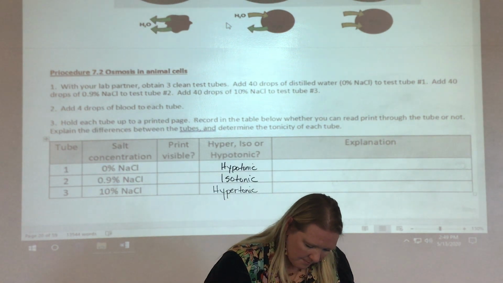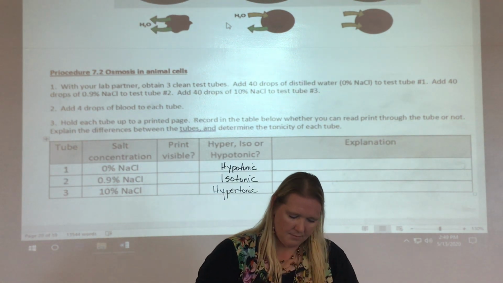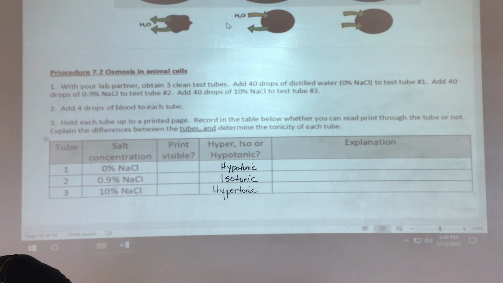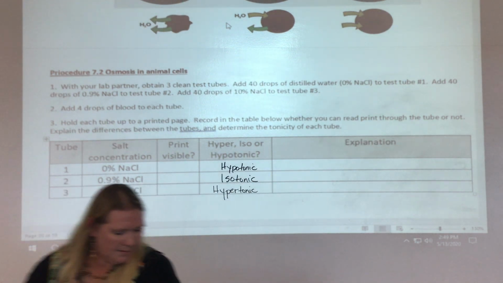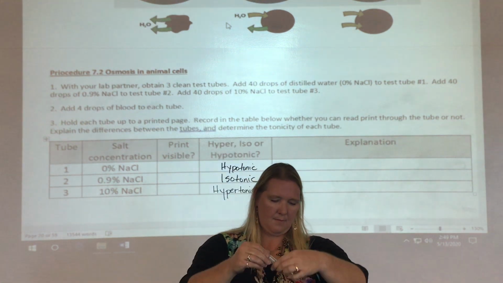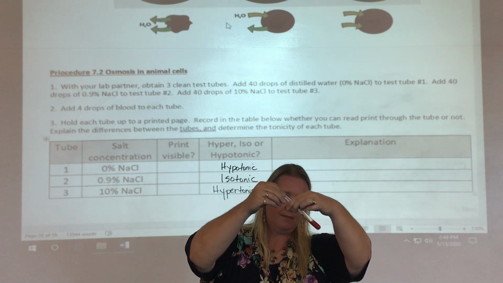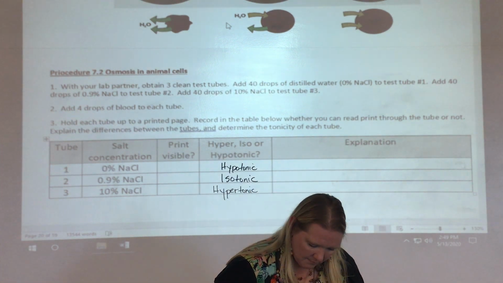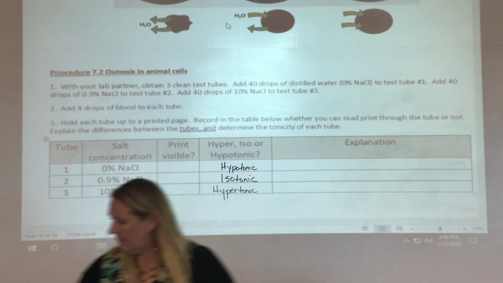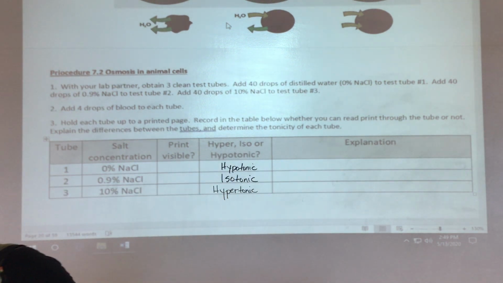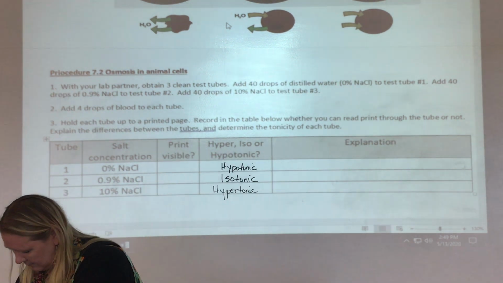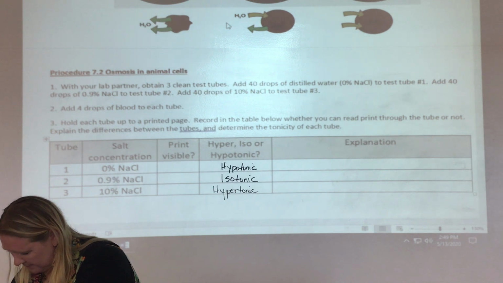Just 1 drop. And the rest, and go with the last one. Almost ready, hold on.